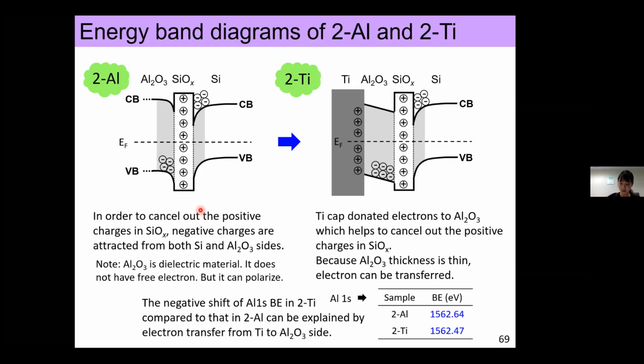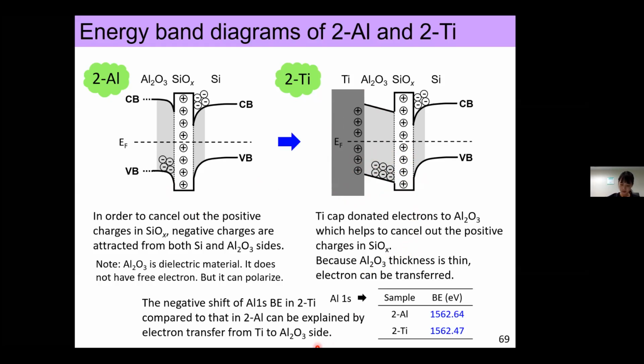Once titanium was contacted, this titanium cap donated electrons to alumina, which helps to cancel out the positive charges in oxide silicon. Because alumina thickness is thin, electrons can be transferred from titanium side to oxide silicon side.